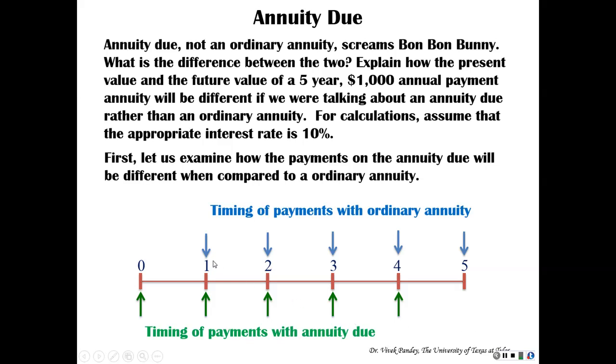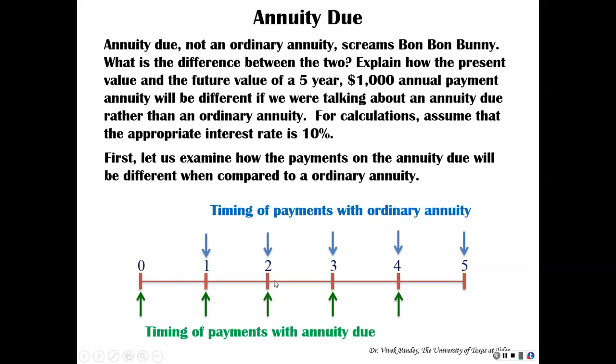Whereas with the regular annuity, in the future value calculation, each payment earns interest for 1 less year compared to an annuity due. And you can see that because the first payment, end of year 1, only earns interest for 4 years, the second payment for 3 years, and so on. And the last payment doesn't earn any interest at all. So the future value of an annuity due is going to be larger by one interest payment for each of the payments, right?